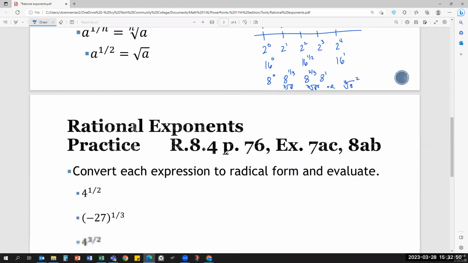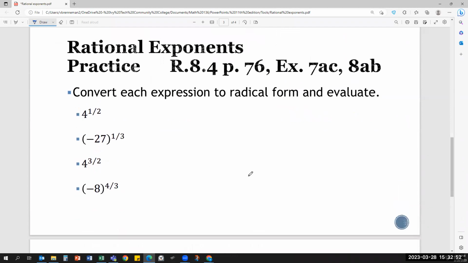All right, so 4 to the 1/2 is the square root of 4, that's 2. Negative 27 to the 1/3 is the cube root of negative 27, which is negative 3. 4 to the 3/2 is the square root of 4 cubed, or the cube of the square root of 4.